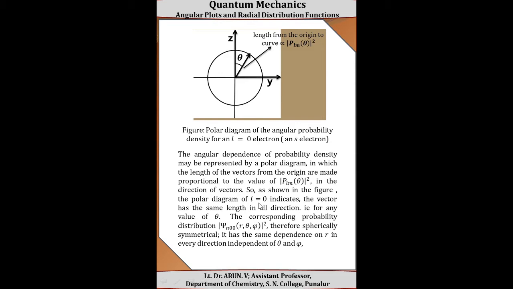For any value of theta, the corresponding probability distribution |psi_n00(r, theta, phi)| squared is therefore spherically symmetrical, because the radius is constant, that is, the value of r is fixed, and by inserting different values of theta and plotting this diagram, we get a single sphere, and this shape or this diagram is independent of theta and phi.